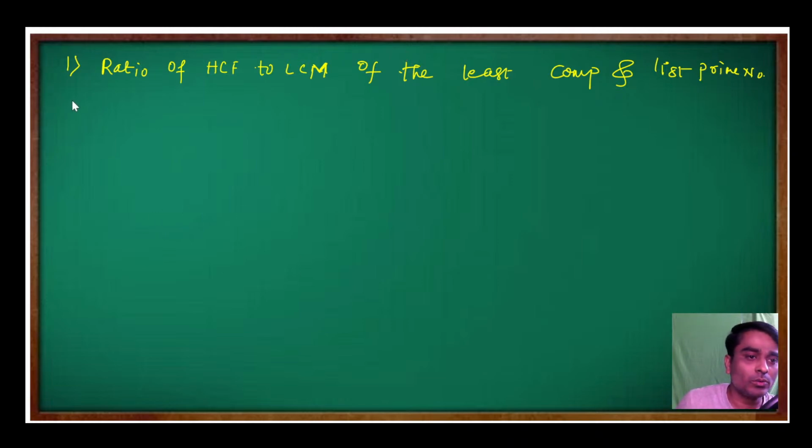Okay. So what is the ratio here? First of all, you should know which is the least composite number and the least prime number. Then you will divide those two, you will get the ratio. So ratio means division. First of all, know that.